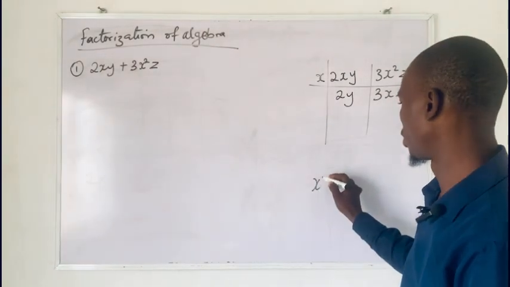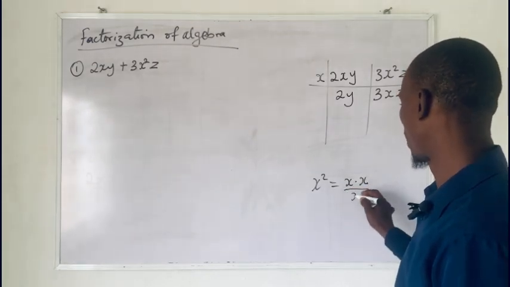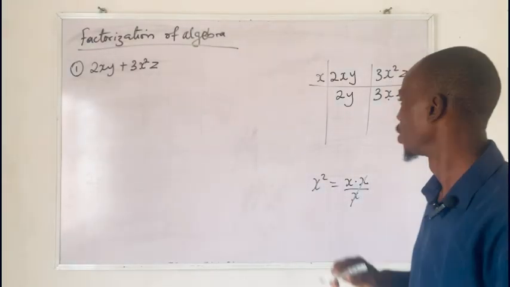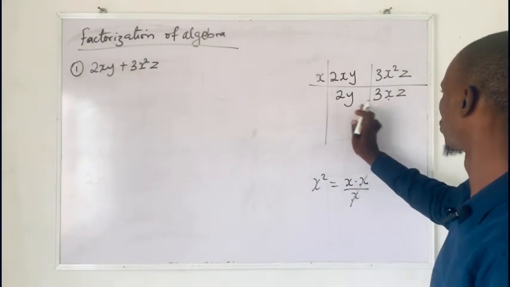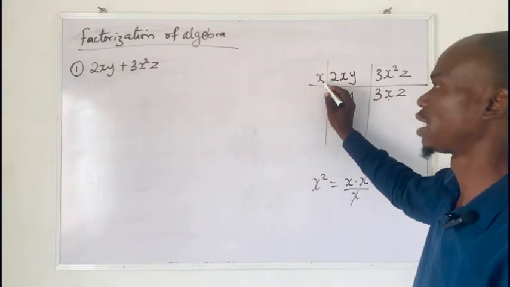You know, x squared means x times x. So if you divide by x, it will cancel one out, remaining only one x. If you check, nothing can divide again. Nothing is common between the two of them. So the highest common factor here is x.